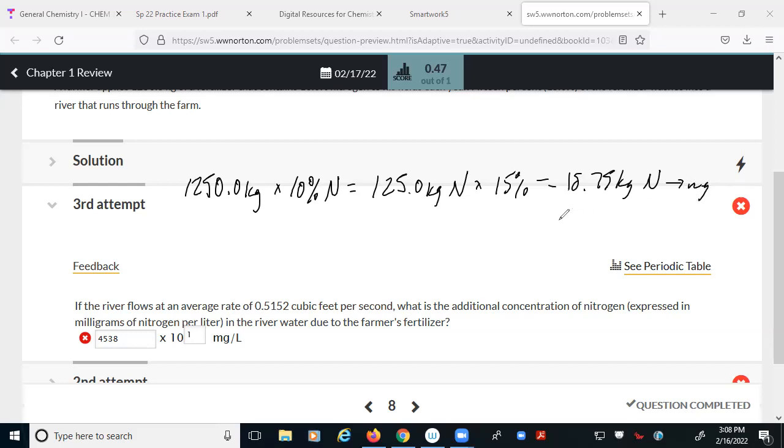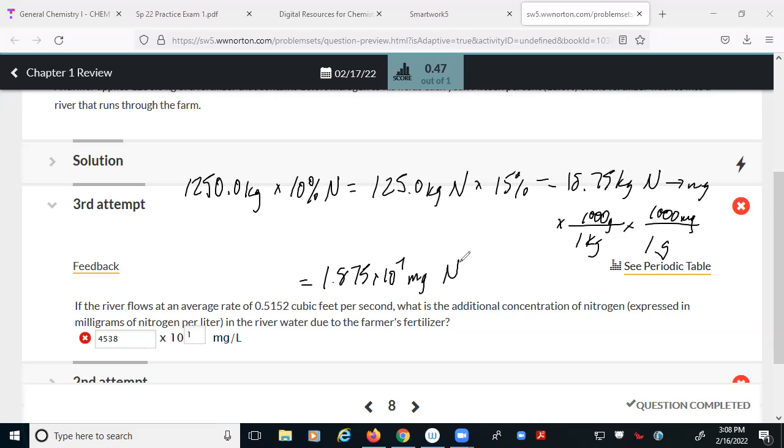Well, we could do that. There is a kilogram for every 1,000 grams and a gram for every 1,000 milligrams. In total, I'm going to switch to scientific notation here, just for the sake of cleanness: 1.875 times 10⁷ milligrams of nitrogen.